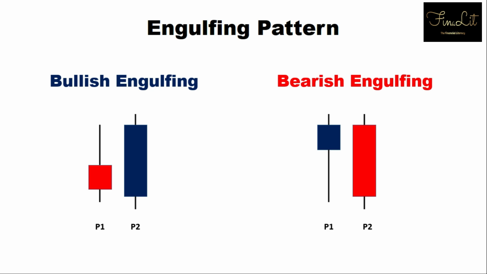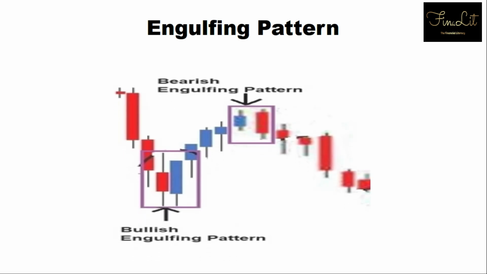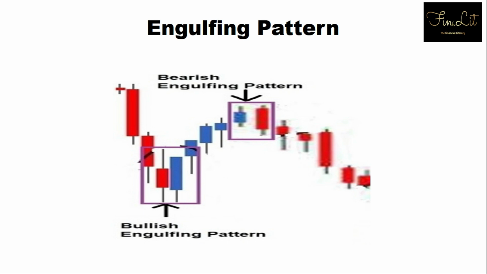The bearish engulfing pattern appears at the top end of an uptrend. P1's blue candle is completely engulfed by P2's red candle. A risk taker initiates a short trade at the close of P2 after ensuring P1 and P2 together form a bearish engulfing pattern.